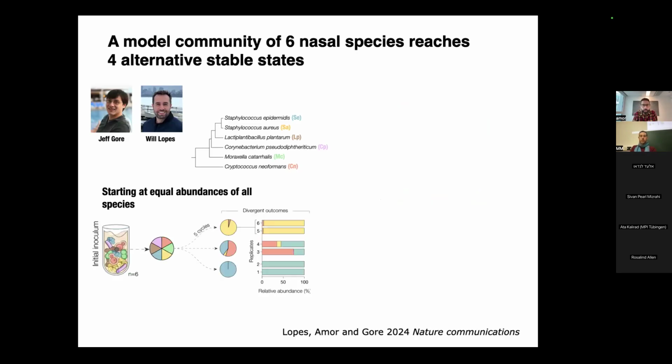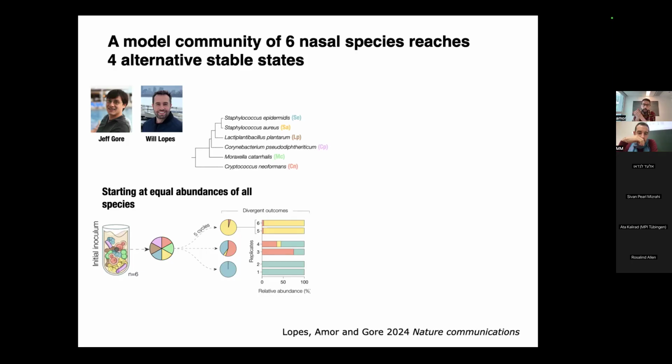And then he started by just studying what is the dynamics if you start the community from mixing all of the species at the same initial ratio, and then do 5 of these daily cycles of daily dilutions. And then what he saw is that we observed that the different replicates were reaching different outcomes.